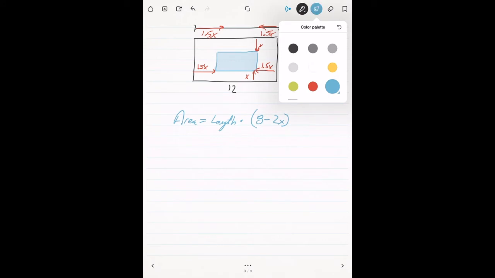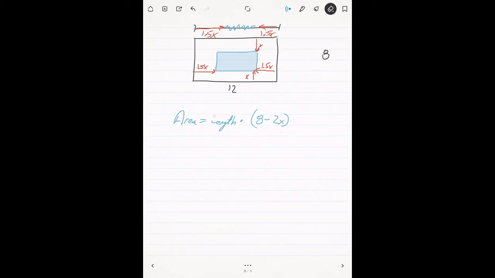So now we want to know what's left over in the middle. How much length of space is left over? Well, we can say that the space left over for the length is 12 minus 1.5x. Oh, but we have to minus another 1.5x.